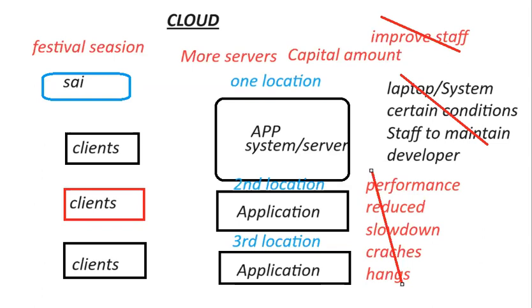Now here you can observe two new terms: on-premises and cloud. Cloud will take care of whatever infrastructure Sai needs to provide for his clients, but the app and its development will be taken care of by Sai.